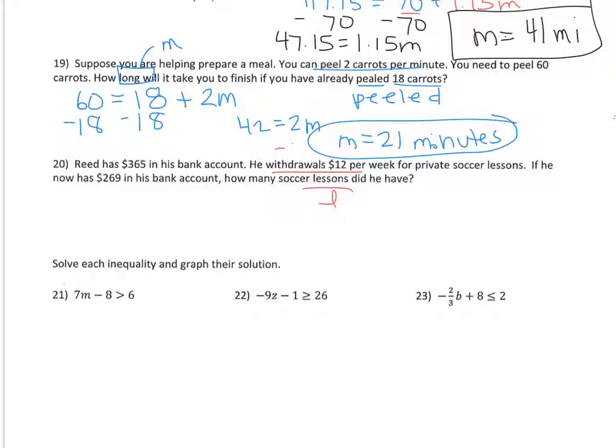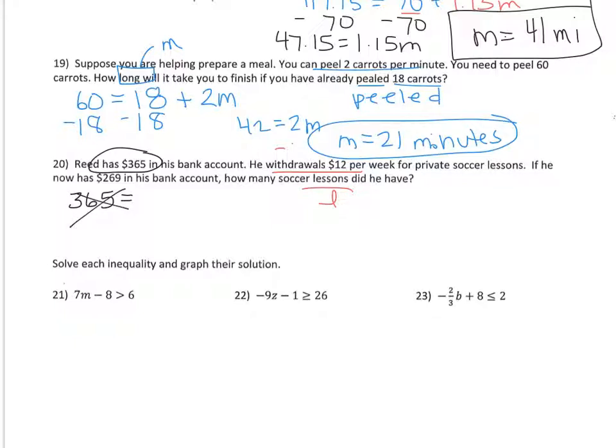So he started out with 365. I'm going to erase that. Never mind. I'll change this here. I don't want to put this equal sign right here. I'll just cross it out. Okay.